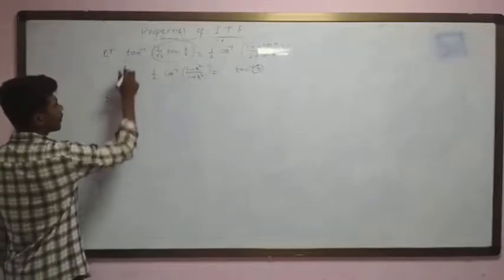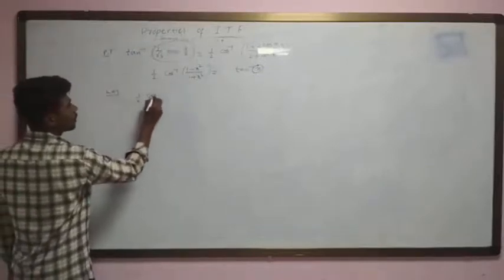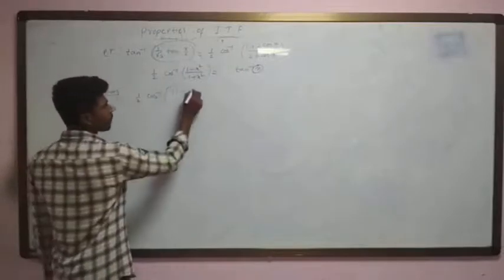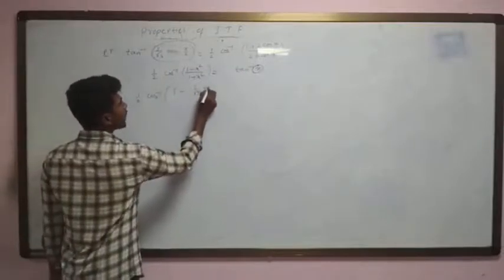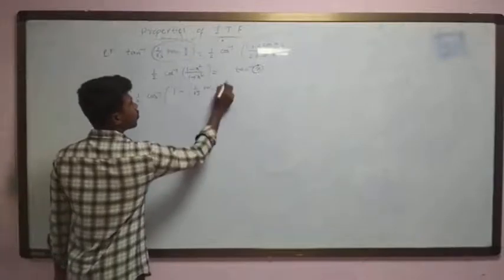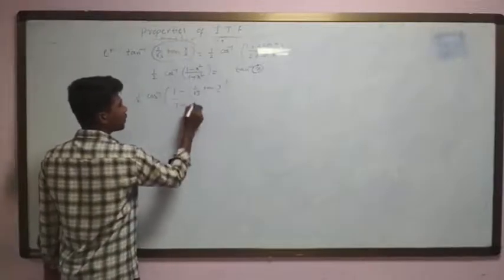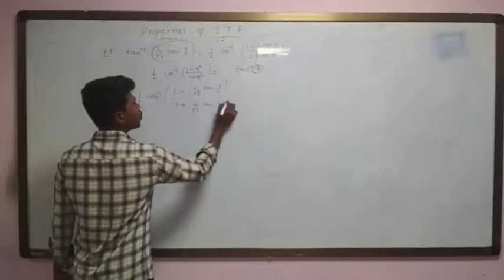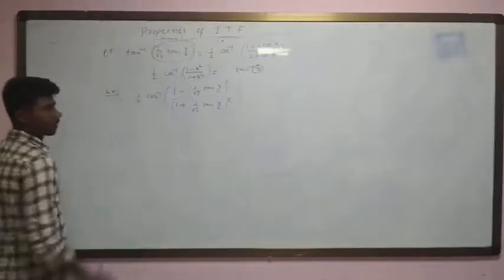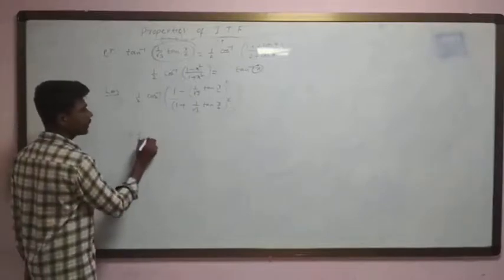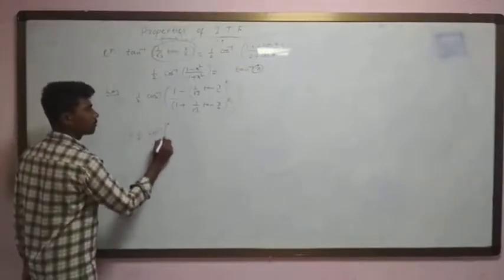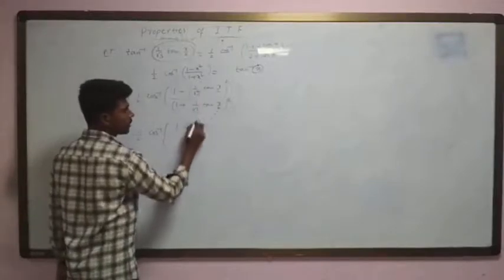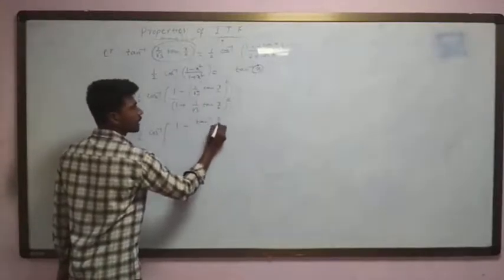According to the formula, I can write half cos inverse of 1 minus 1 by root 3 tan x by 2 whole square by 1 plus 1 by root 3 tan x by 2 whole square, equal to 1 by 2 cos inverse of 1 minus tan square x by 2 by 3, by 1 plus tan square x by 2 by 3.